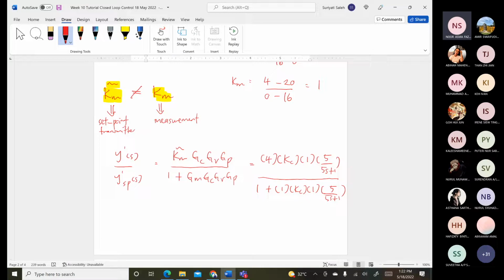So the next step, since this one is a little bit simple, you can do the expansion and simplify the equation.